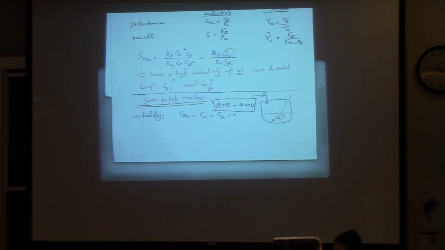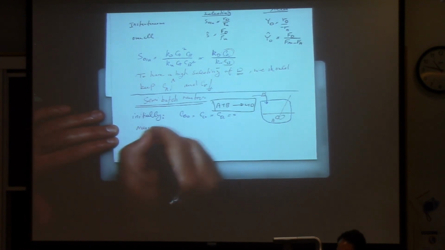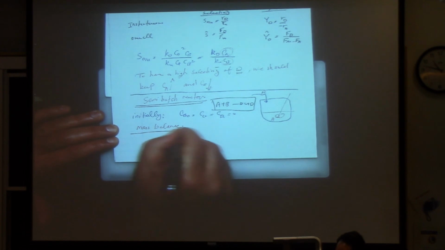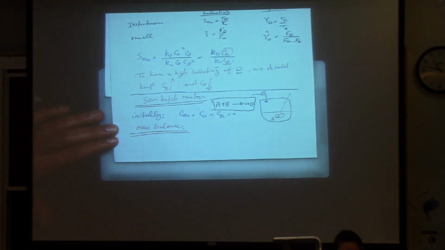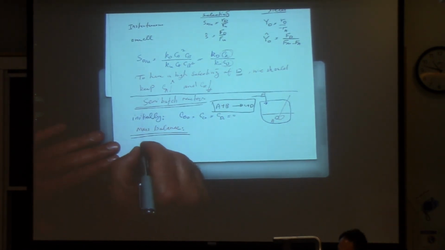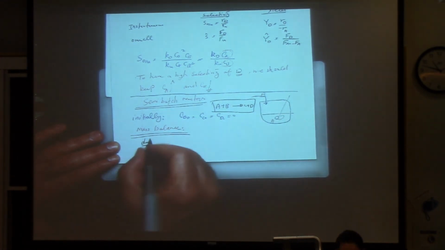Okay? So I'm going to do a mass balance on every component, on A and B and C. Before going to each component, we have dm/dt, which is the mass flow rate of B being added here.